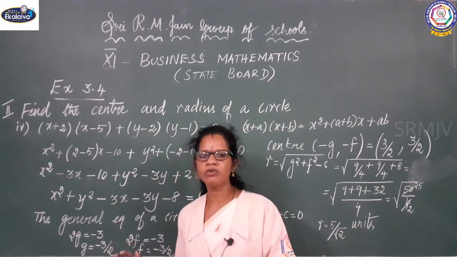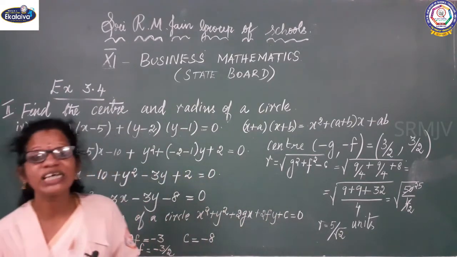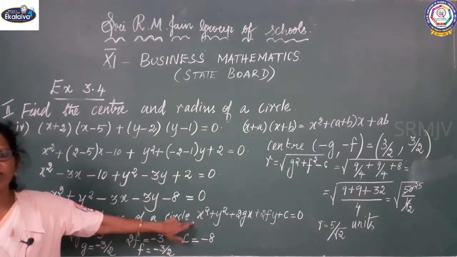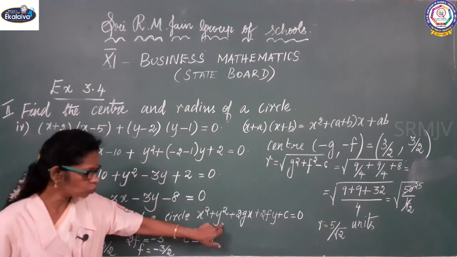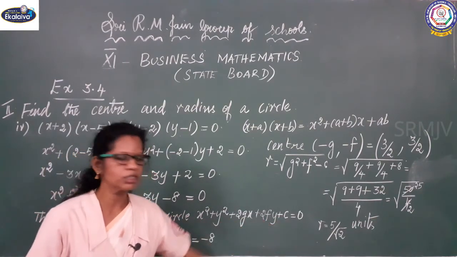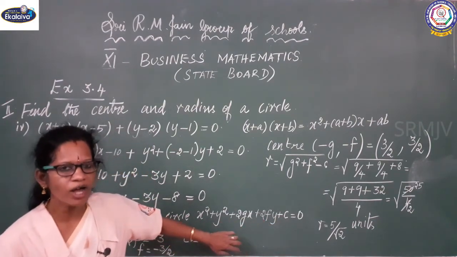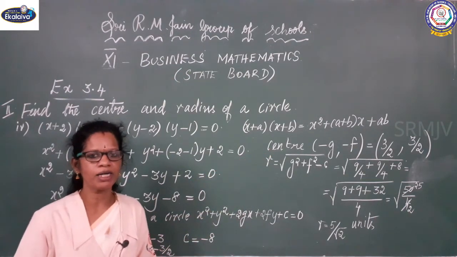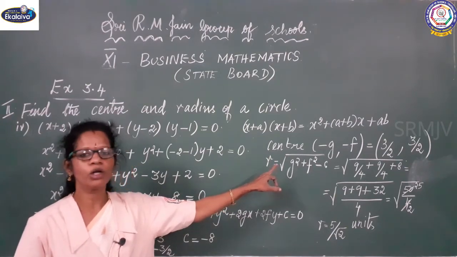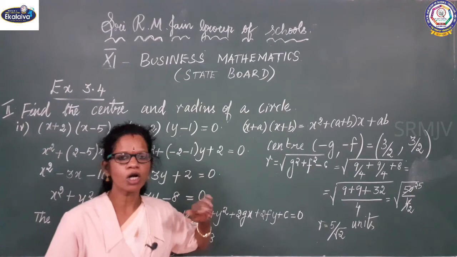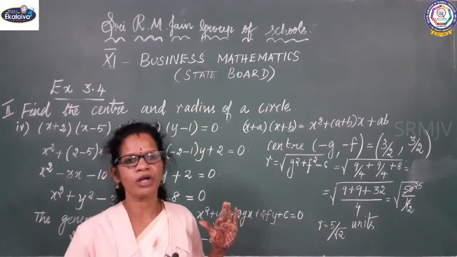The second subdivision I have discussed is the general equation of a circle, which is x² + y² + 2gx + 2fy + c = 0. How to find the center in this format? The center is (-g, -f). The radius is the square root of g² + f² - c. Two things I taught. You have to go through the format, children, right?